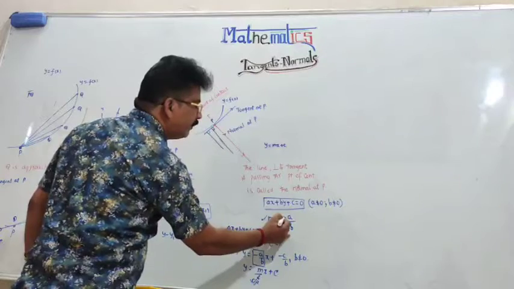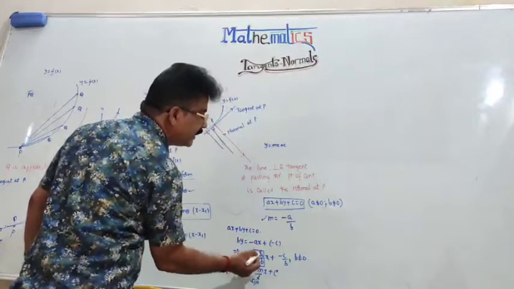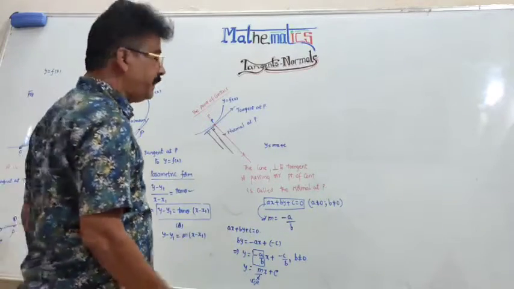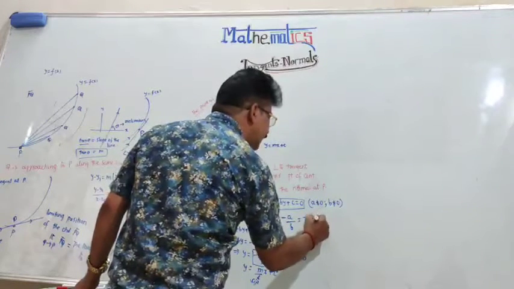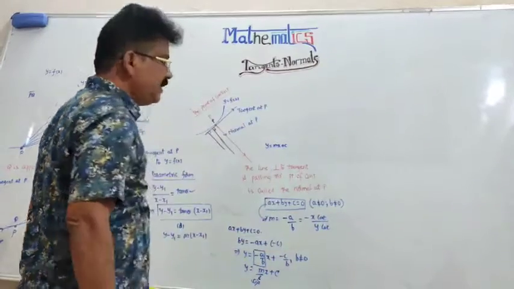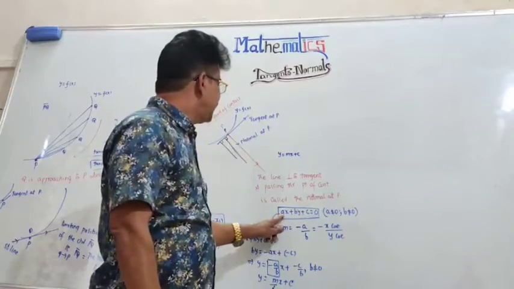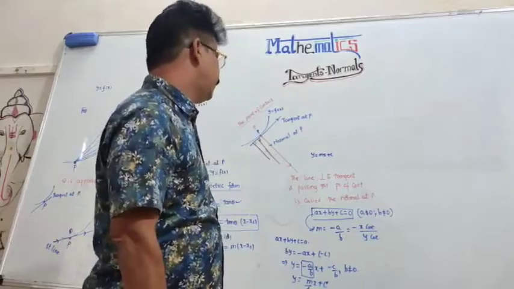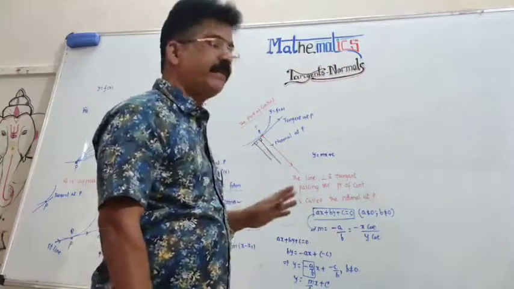So the slope of the equation m is equal to minus a by b. Indirectly it is minus x coefficient divided by y coefficient. Understand? So the slope of the line, the general equation ax plus by plus c is equal to 0, is m equal to minus a by b.